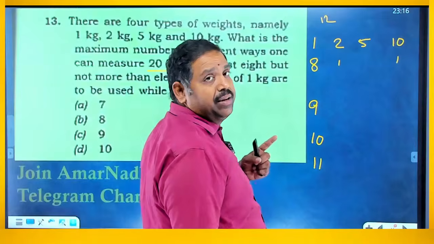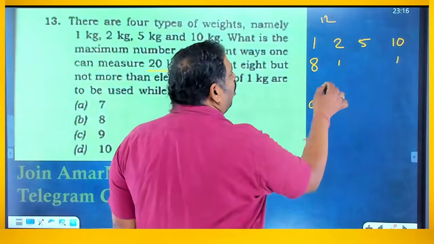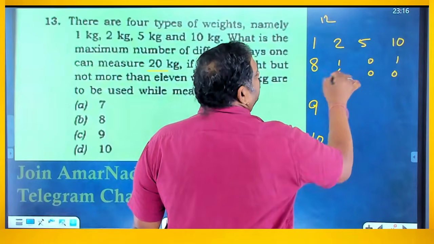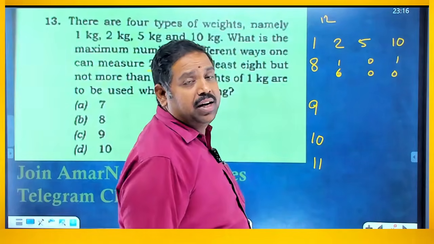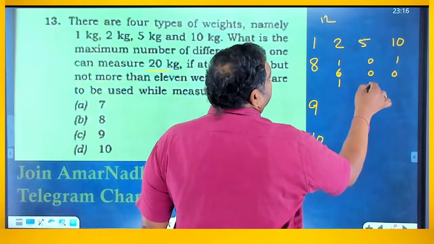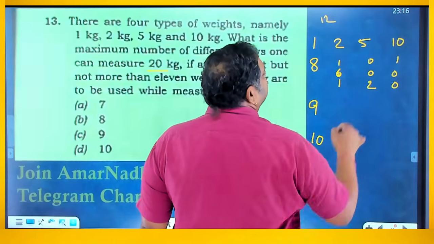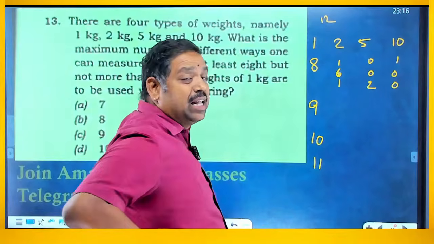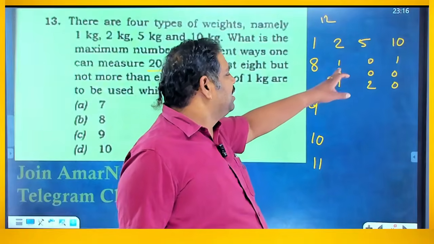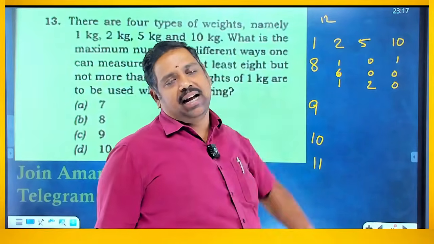That is one possibility. Or else all 6 I will use this one, and all the remaining are 0. This is another possibility, because 12 kgs is completed now. The other possibility is this I will use 1, this I will use 2, this I will use 0. Any other possibility? No, right? So these are the 3 possibilities I have.